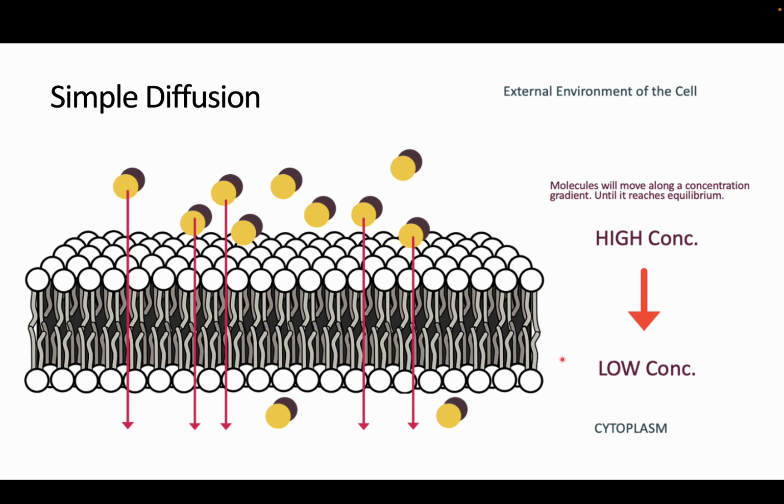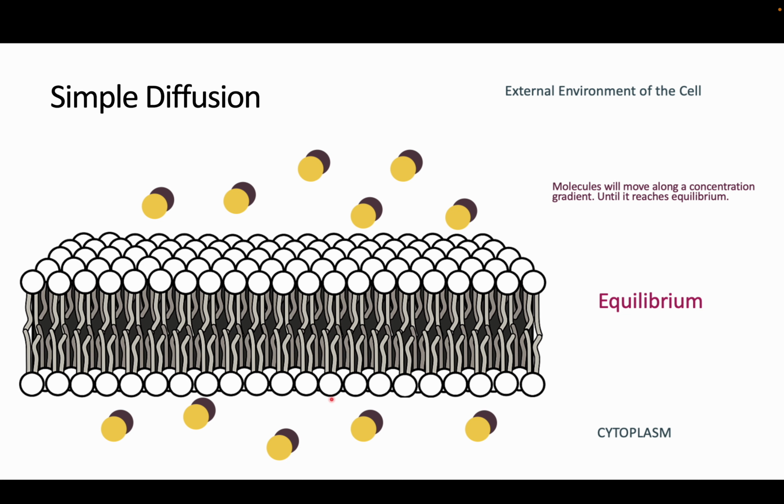I mentioned this already, net movement always follows the concentration gradient, and there is no energy, ATP, involved. For simple diffusion, an important concept I'd like you to remember is equilibrium.